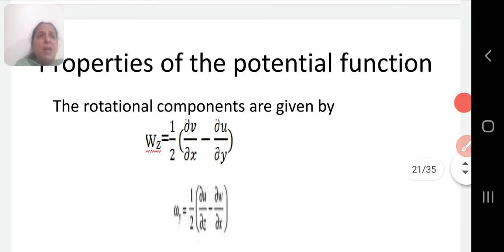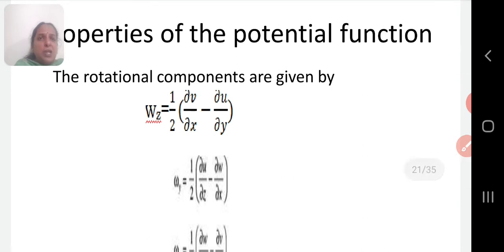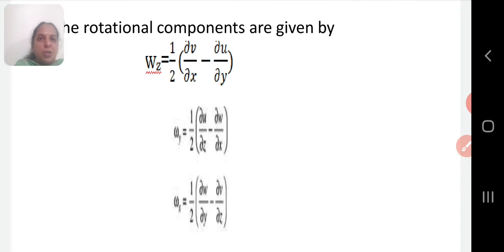Next one is your properties of the potential function. What are the properties? So the rotational components, now if it is a rotational flow, the rotational components will be given by this equation, that is wz is equal to half of dou v by dou x minus dou u by dou y. Similarly, the rotational components in the y direction and z direction are also given here.